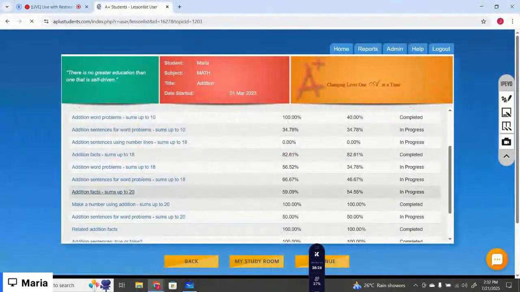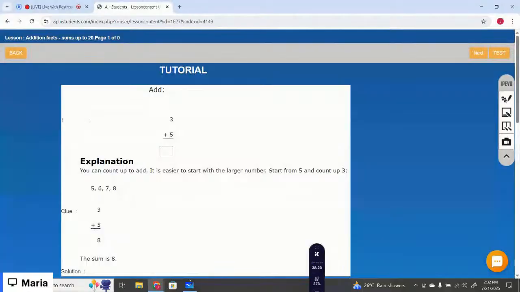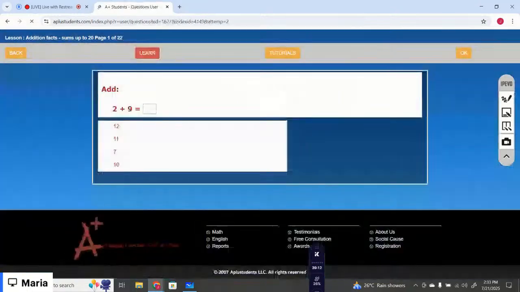Addition facts sums up to 20. Let's just start with the test questions. 2 plus 9.